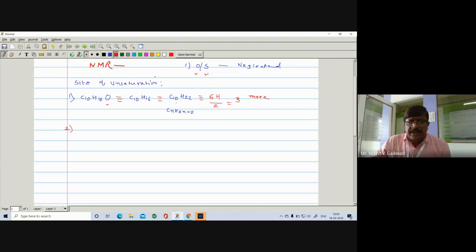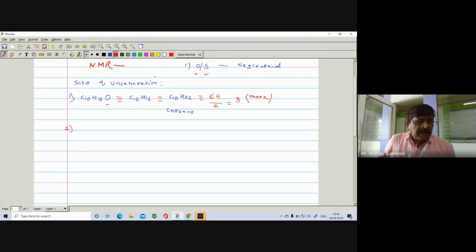So you get C10H22, and then you subtract the molecular formula from this. Whatever number you get, you just divide by 2, because for the formation of a bond you have to remove 2 hydrogens. So you get the answer: it contains 3 sites of unsaturation.